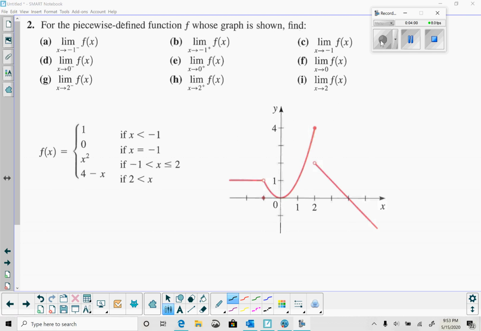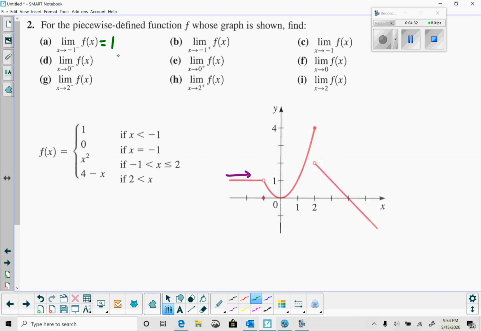All right, so for part A, looking at the limit as x approaches -1 from the left. Okay, so again, all the little negative signs here. Got to pay attention to all of that. As we approach -1 from the left, we're heading in this direction, and well, my goodness, that's a constant. So that appears to be headed towards 1.